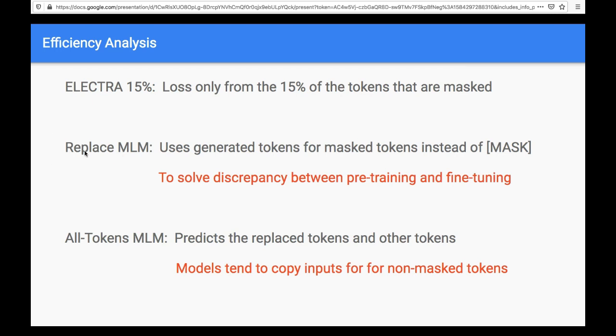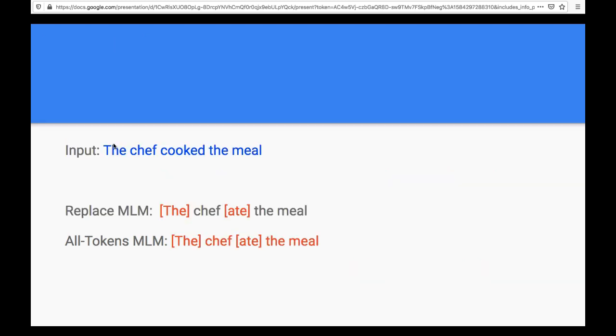So they put in this replace MLM, basically to address the problem and see whether, after they solve it, the model performance will boost or not. If it boosts, it means this discrepancy was actually affecting the model performance a lot. So what does replace MLM do? They don't put a mask token here. They actually put a replaced token here.